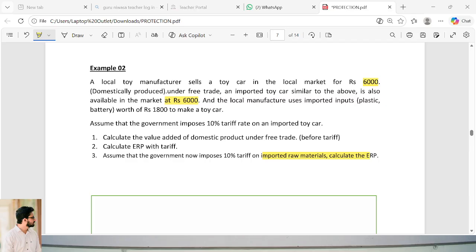So let's summarize the question first, as we did the previous question.